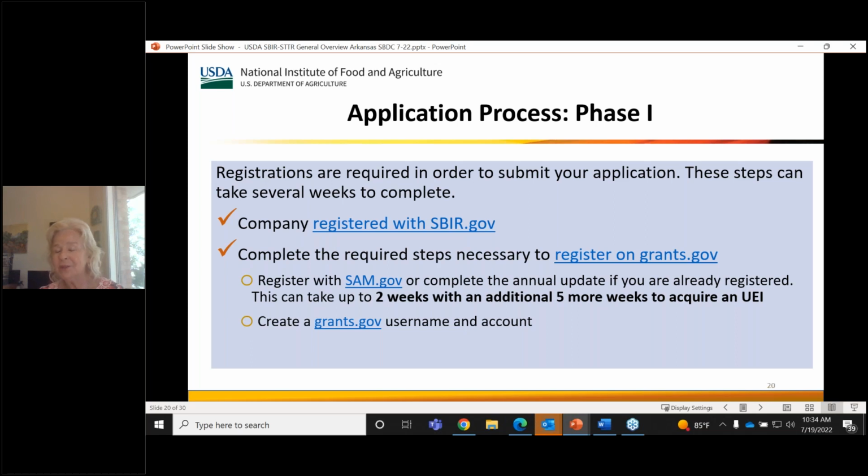But the very best thing you can do is, if you're going to apply for USDA SBIR STTR, or any SBIR program, go ahead and get that SAM.gov number and get it out of the way, and then you won't have to worry about all that. So once you have that number, then you can create an account on grants.gov.